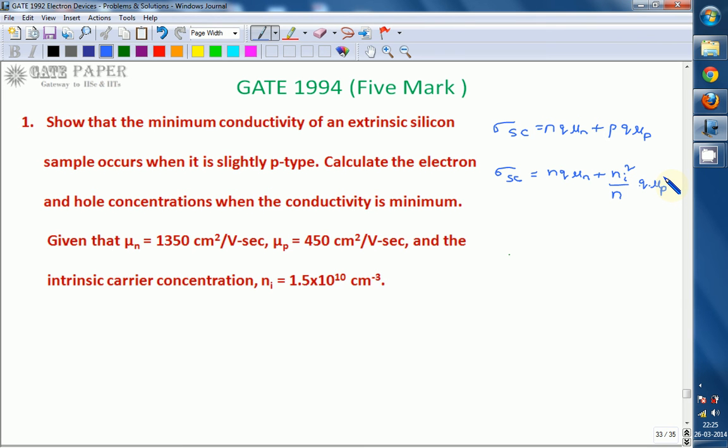Assume that at n equal to n naught, sigma of the semiconductor is minimum.